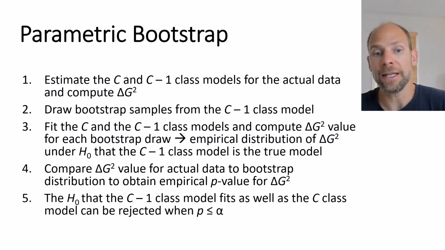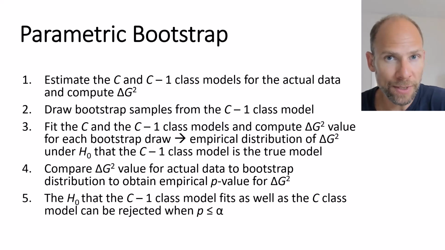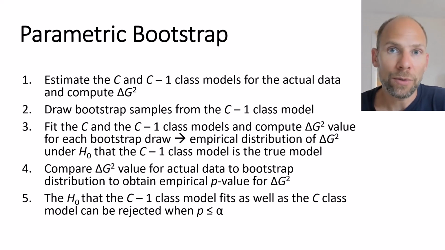So specifically, when the p-value that we obtain is smaller than or equal to alpha, so when our delta G squared value belongs to the 5% of the most unlikely or most extreme difference values compared to the bootstrap distribution, then we would reject the null hypothesis that the C-1 class model fits as well as the C class model. So then the model with one fewer class would be rejected.